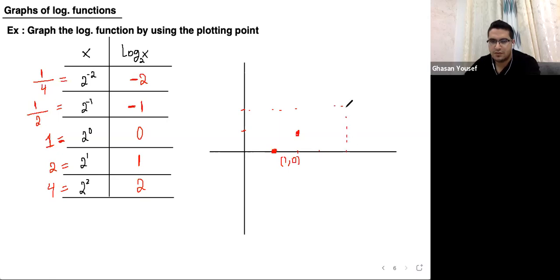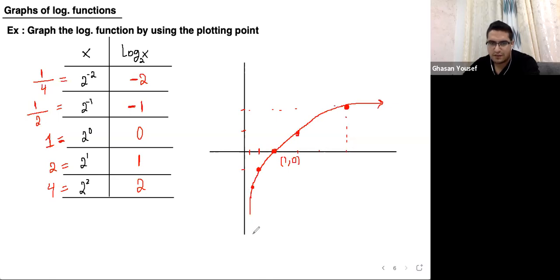So the point should be here. Second one, we have 2 to the minus 1 is 1/2 and minus 1. So here is the 1/2, and here is the minus 1, and the point should be here. 1/4 and minus 2: here's the 1/4, and here is the minus 2. So the graph looks like this.